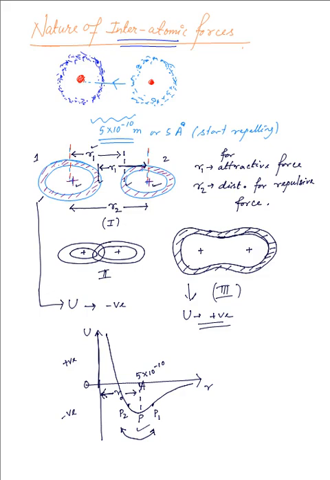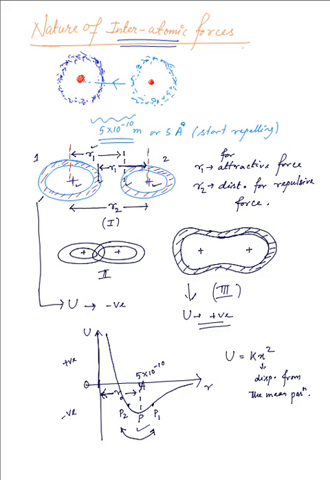The equation for the potential energy curve is found to be U is equal to kx squared, where x is the displacement from the mean position for a given atom.